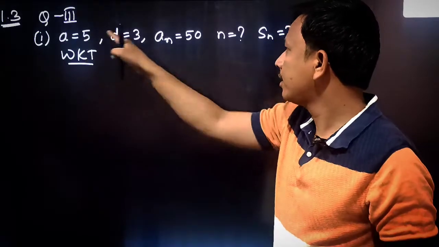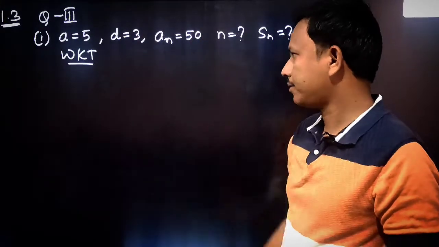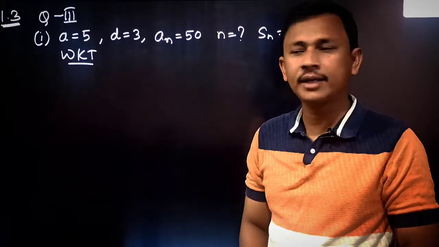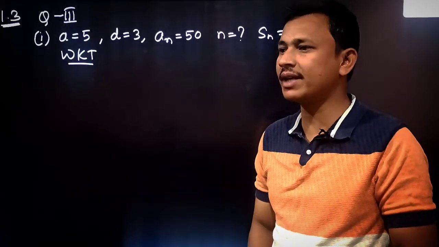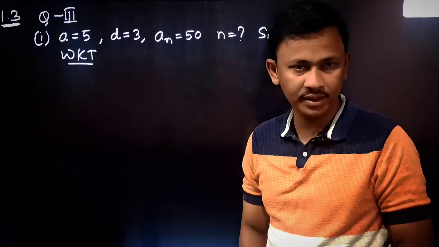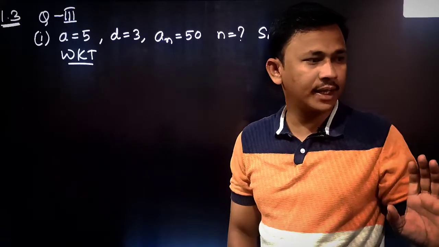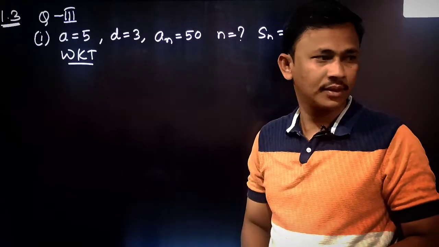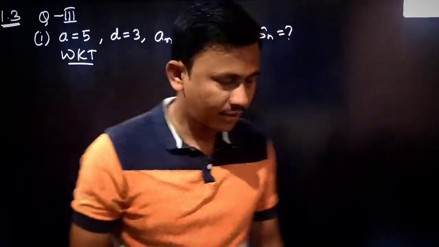Therefore you can find n with the help of the formula an is equal to a plus in bracket n minus 1 into d. Correct? Using the an formula we will find n, then we will find Sn. Understood?